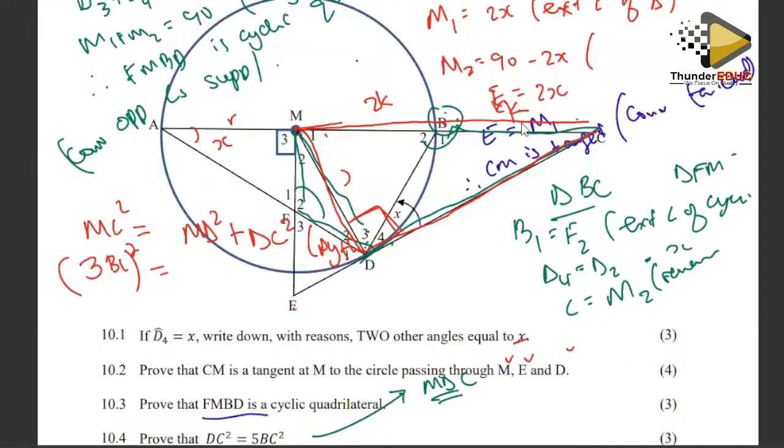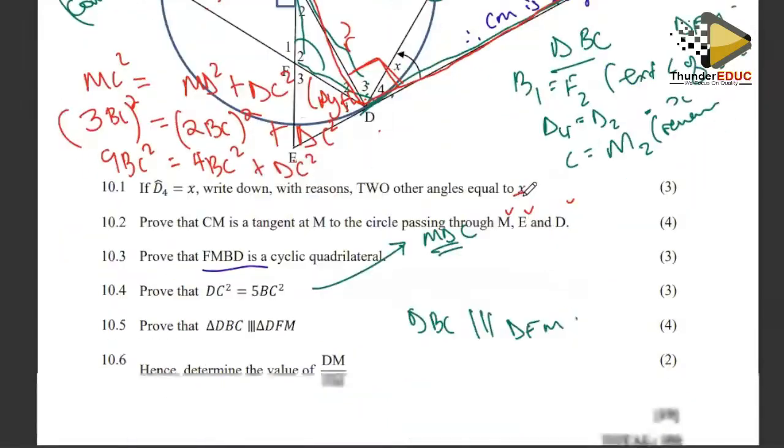Our MB is this, which is twice BC squared. Okay, because this is a radius and this is also a radius, so they have to be the same. Then our DC, we can keep it because it's part of our solution. Then this is going to be 9 BC squared is equal to 4 BC squared plus DC squared. Let's move everything that side. So it's going to be 5 BC squared, meaning that DC squared is 5 BC squared.